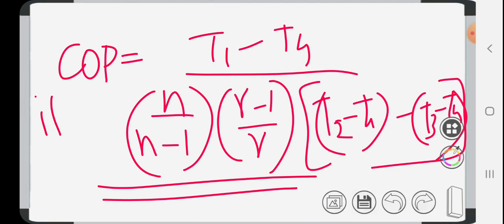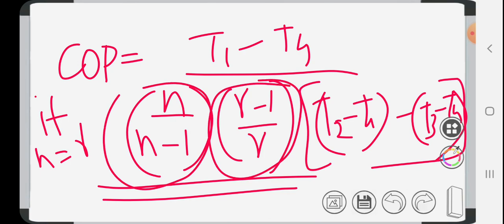If n equals gamma, the polytropic process is nothing but the adiabatic process itself. In that case these two terms will cancel, because n by n minus 1 will be equal to gamma minus 1 by gamma if n equals gamma. The remaining equation will be the same equation that we got while deriving the COP in the previous case.